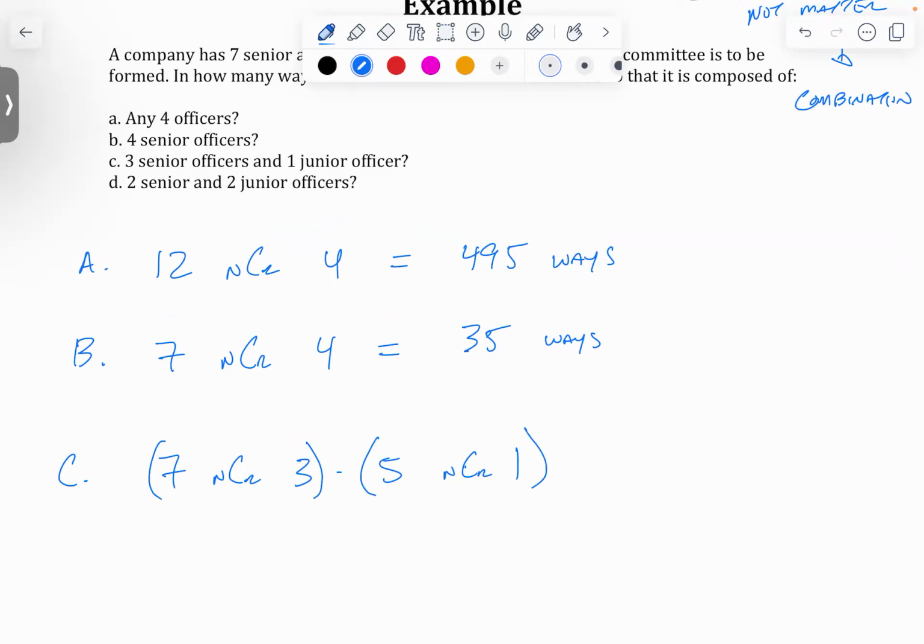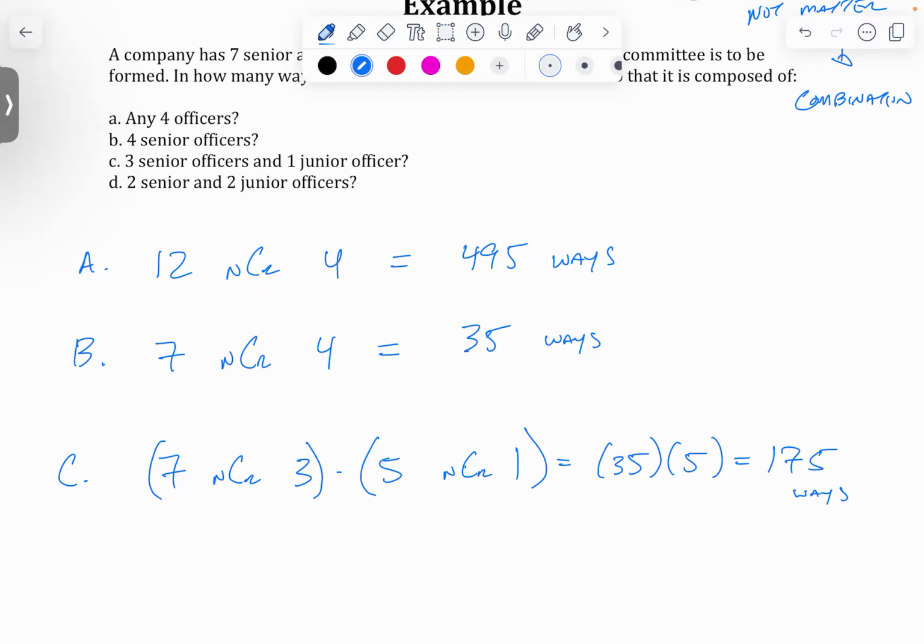So it's that number times that number. And then just writing that out so you can see the multiplication.